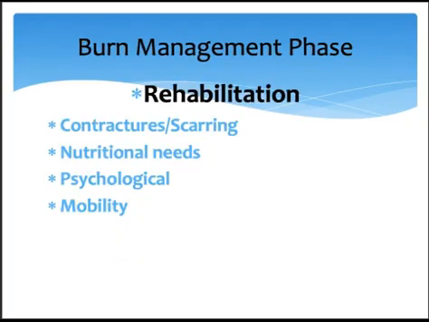Now the rehabilitation phase, this is where the client can develop, as a result of new tissue rebuilding and repairing, scarring over that area, because we know brand new skin doesn't have as much flexibility.